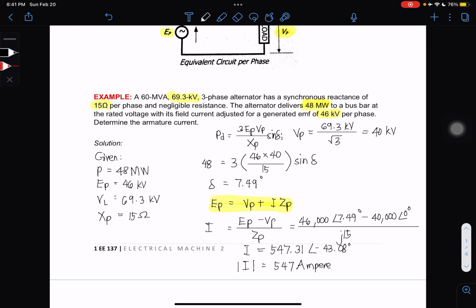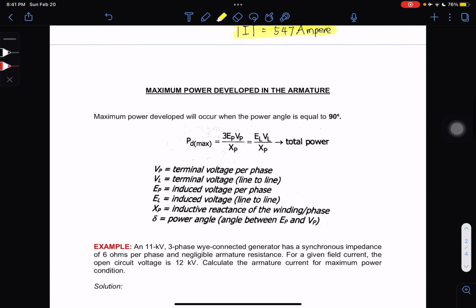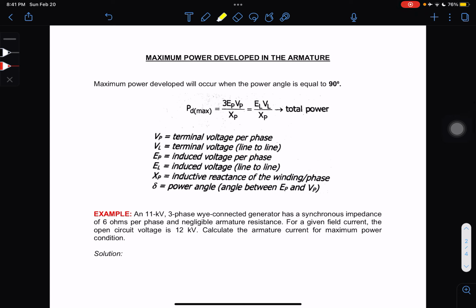So this is our final answer. So mao ni ato ang armature current ato ang alternator. So I hope nasabtan. So let's proceed for another topic for our module number 3.